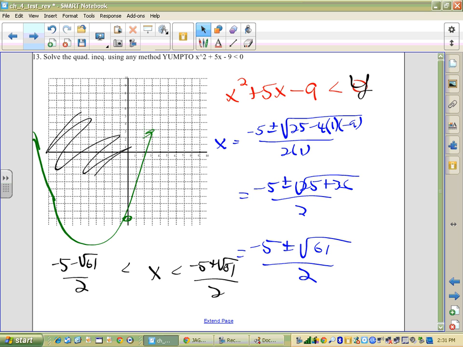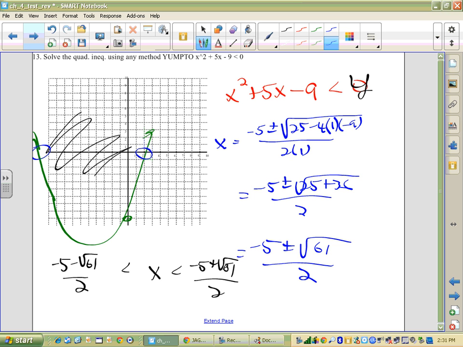You don't actually have to graph it. Right here are the critical values. If it was an equation, those would be the solutions. So I just need to know is the answer between there or beyond there, and that's why I sketched the graph, just to figure that out quickly.